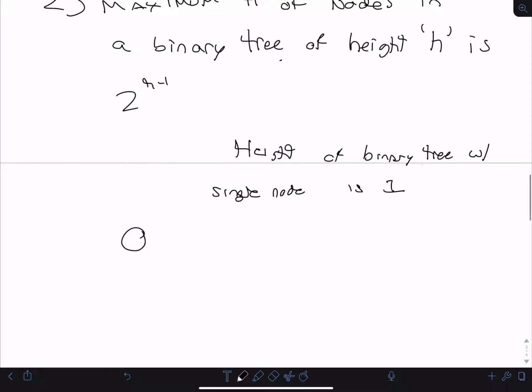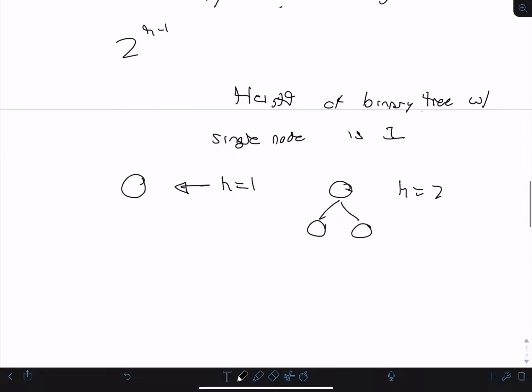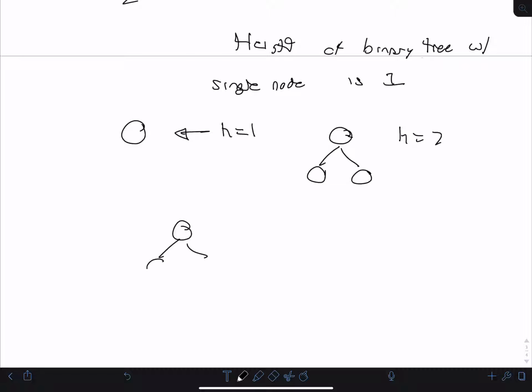So the following tree has a height of 1. This tree has a height of 2. This tree has a height of 3.